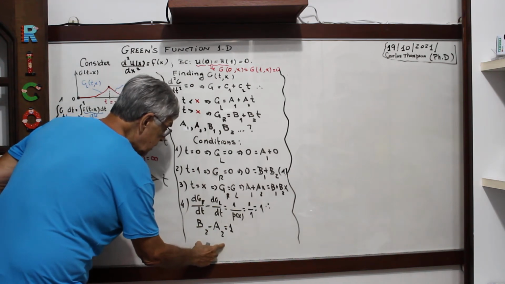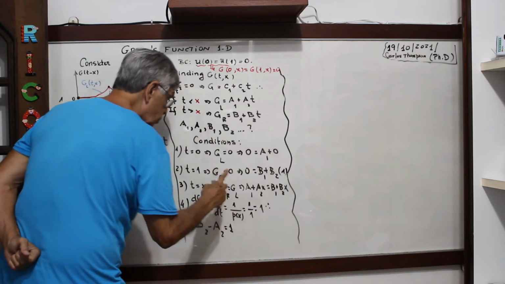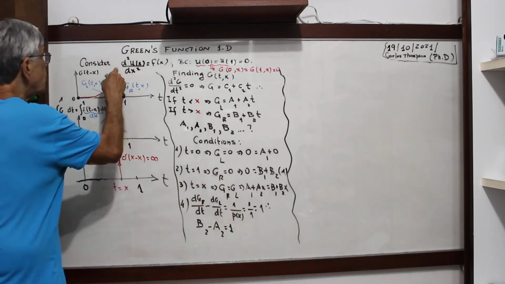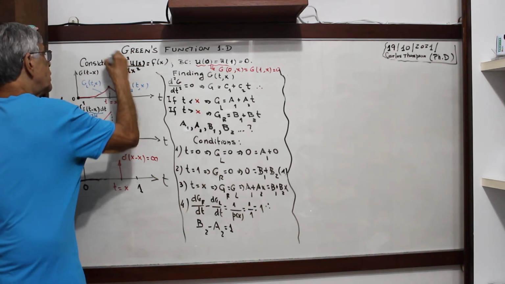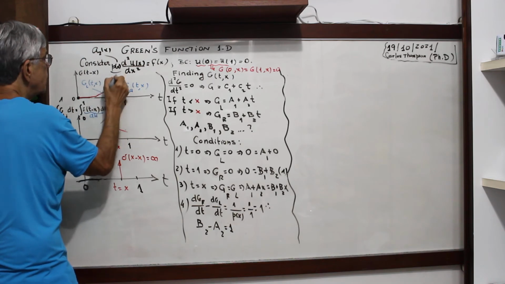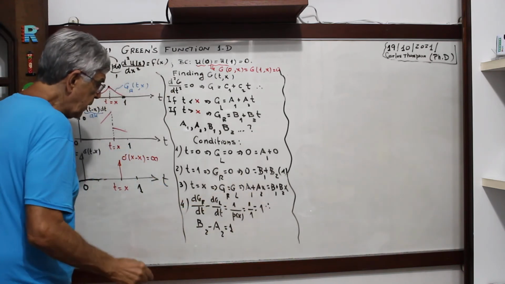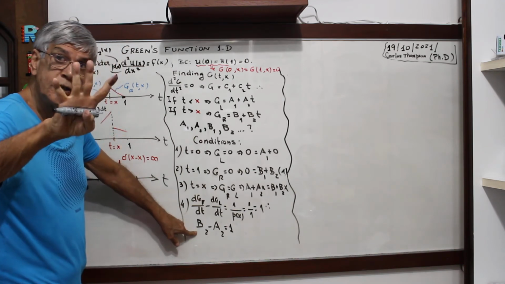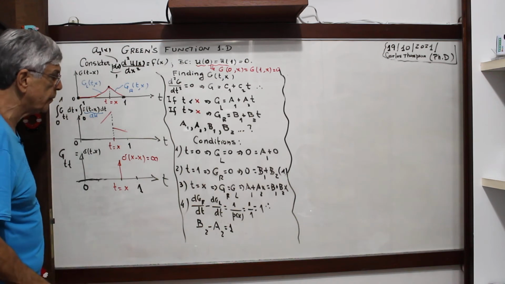B2 minus A2 is 1 divided by p of x. Do you remember? Look at this equation here. Here is p of x, which is a2 of x. This is 1. So I divide 1 by 1, this is 1. So I have a fourth condition, B2 minus A2 is equal 1.